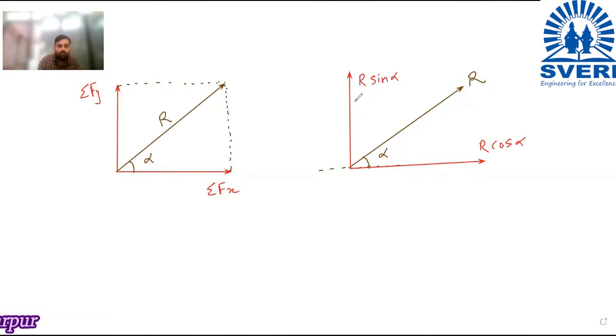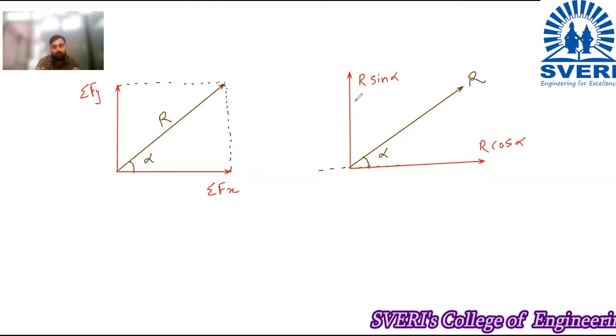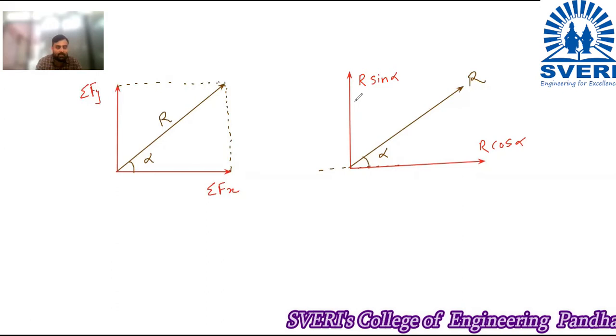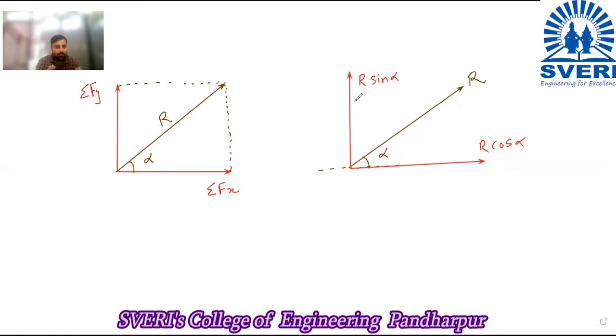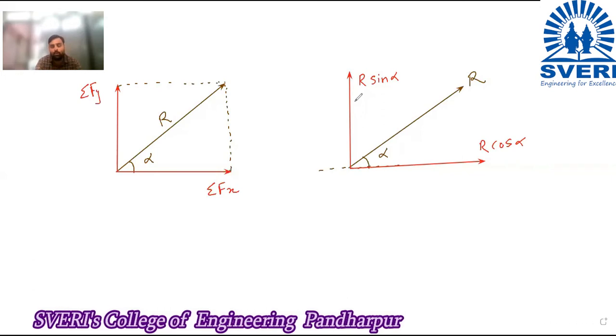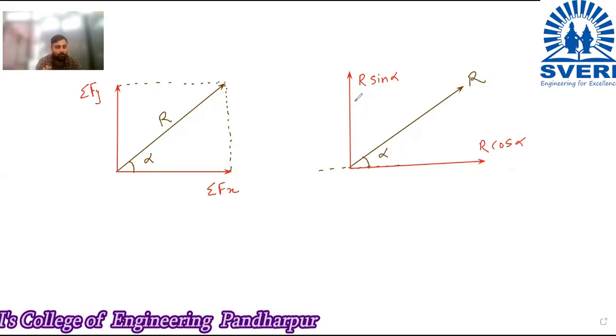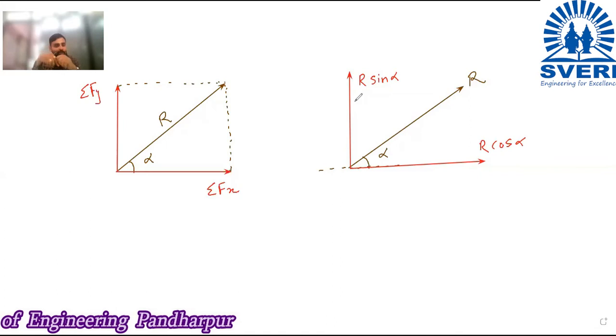Also, we have seen that we can equate summation fx to R cos alpha, summation fy to R sin alpha. These things we have already studied. I have also shown you the LHS equal to RHS from the formula that R is equal to under root summation fx square plus summation fy square. Already these things we have seen up till now.